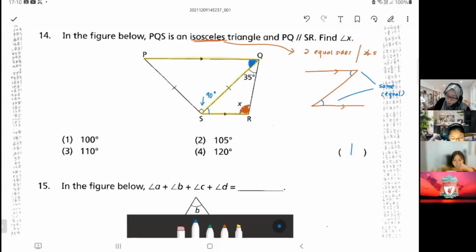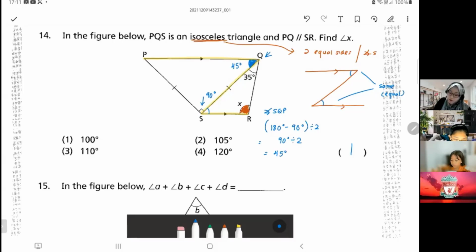So we do that. 180 degrees, take away this 90 degrees, and then I divide the answer by 2. This will give me angle SQP, which means this one. So 90 degrees divided by 2, I get 45 degrees. So this is 45 degrees.